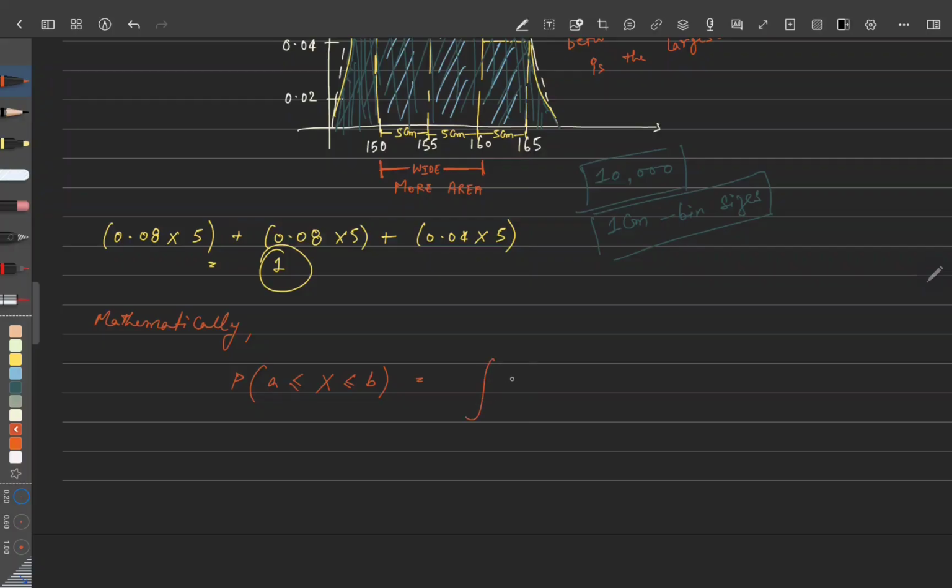You would integrate f of x with respect to x in the range a to b. What this is doing is nothing but the area under the curve from A to B. Area, I should not say of, but I should say area under curve.